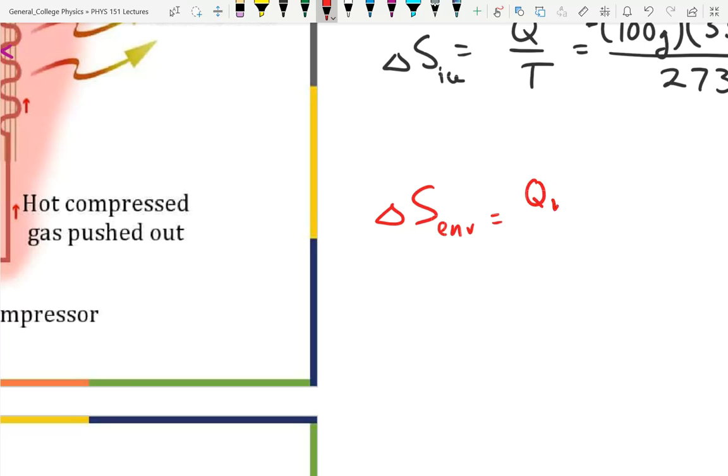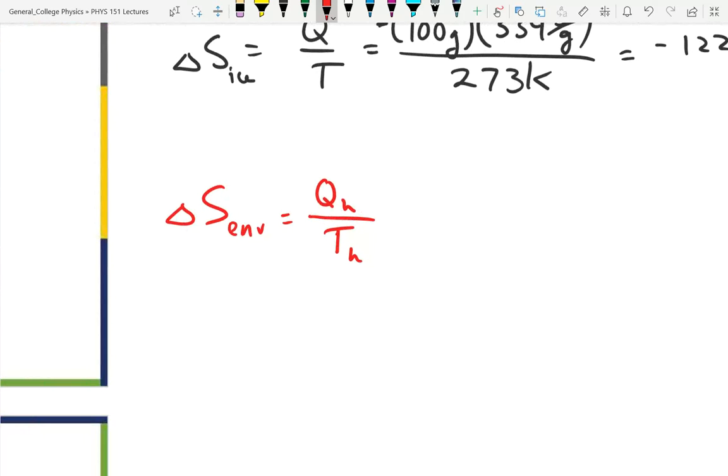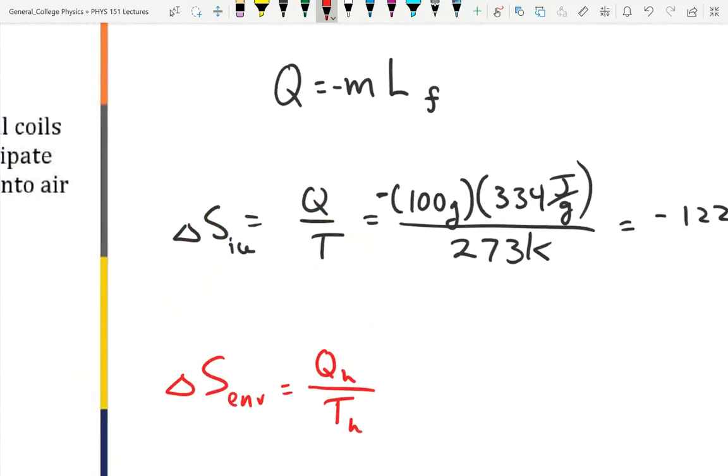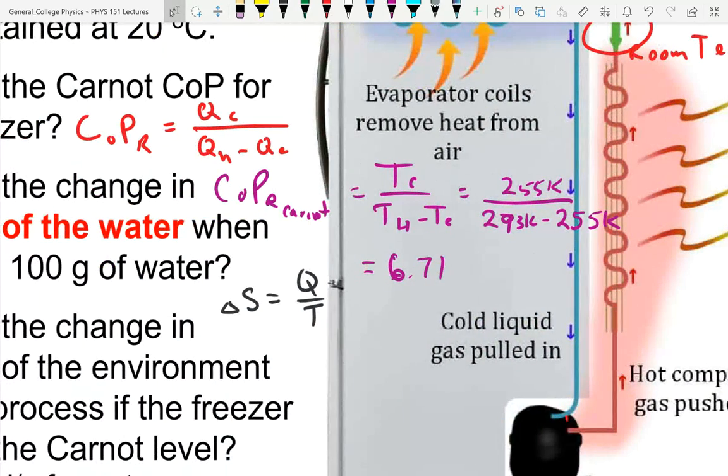I have the Q hot being exhausted, right? And divided by the temperature hot. And so I have to calculate what Q hot is. Well, from our definition of coefficient of performance, I can calculate Q hot.